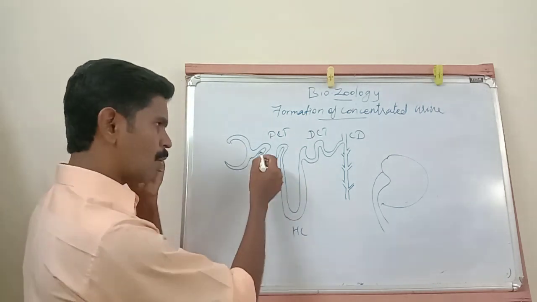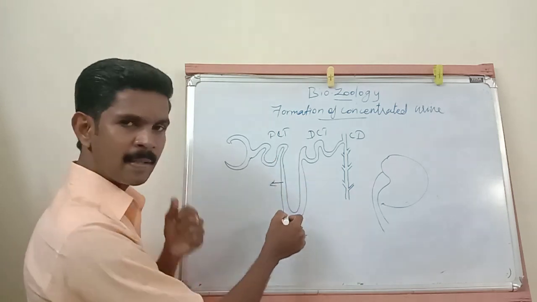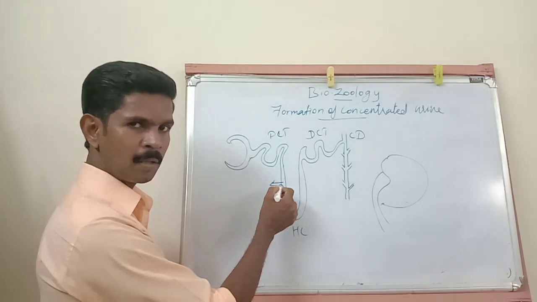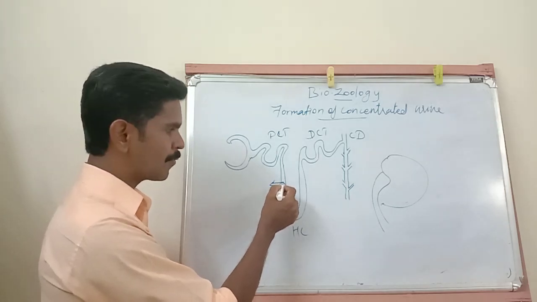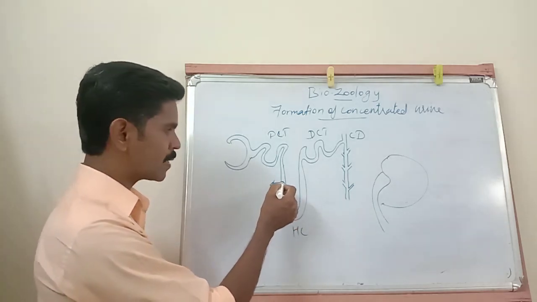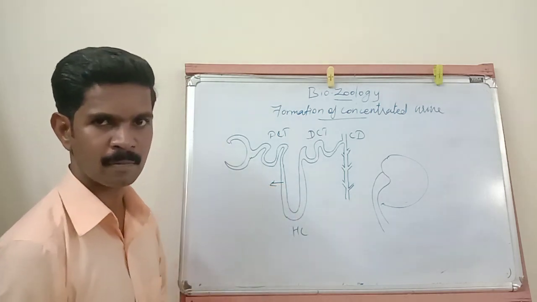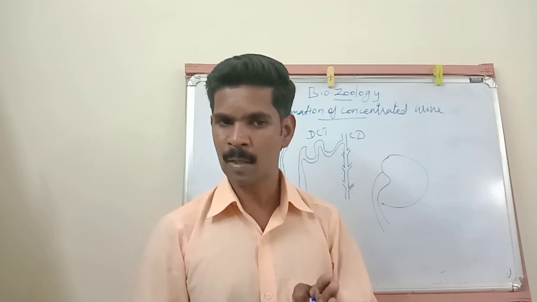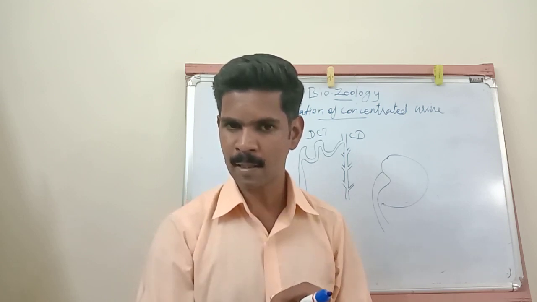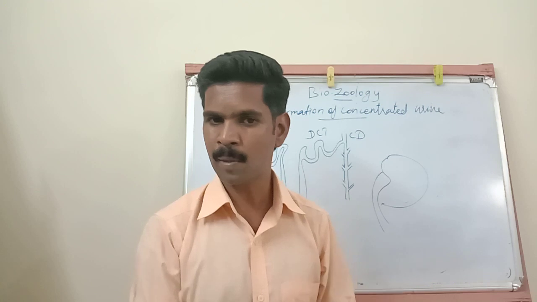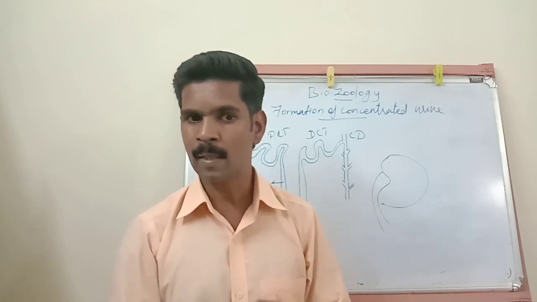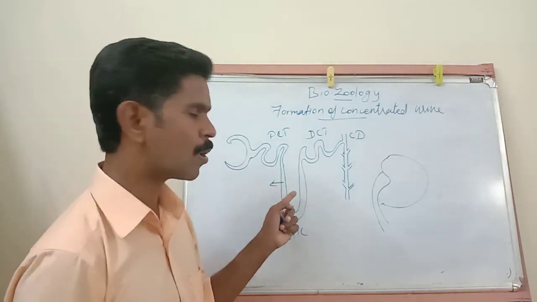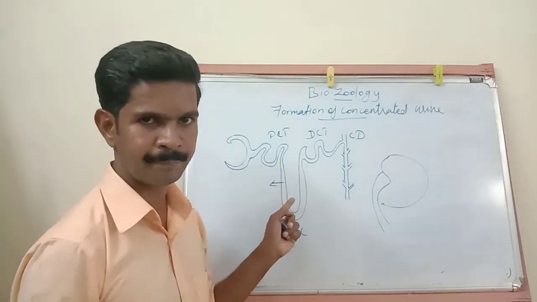When the glomerular filtrate is passing through the descending limb, the water molecules present inside it move from the lumen, the center, to the interstitial tissue space. So the osmolarity of the glomerular filtrate now decreases.